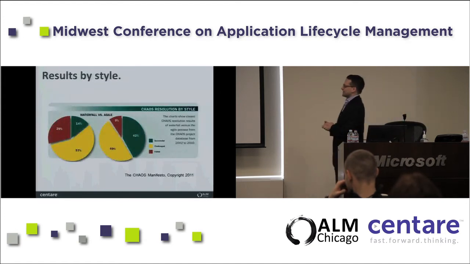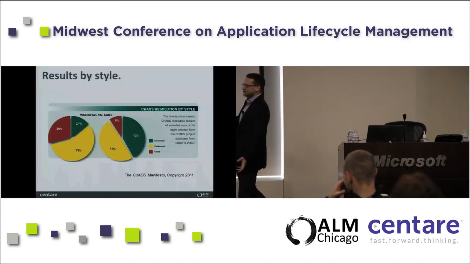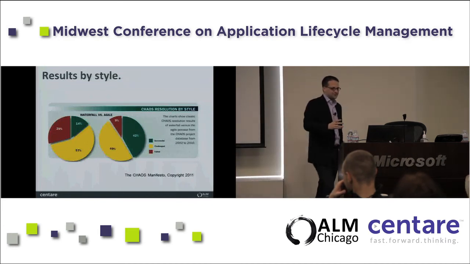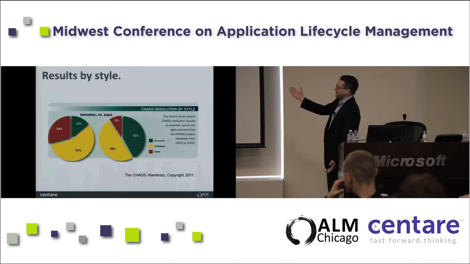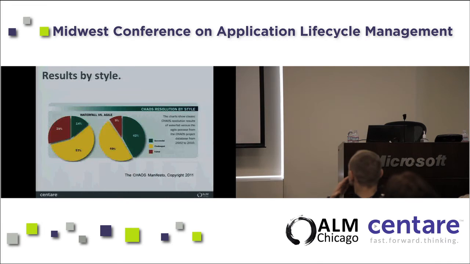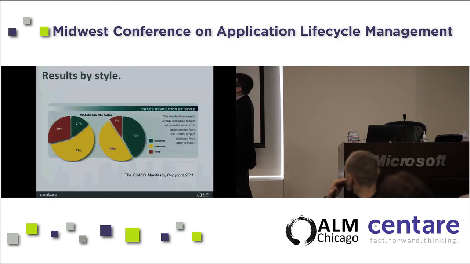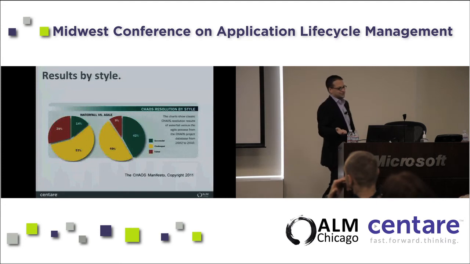Okay, so the Chaos Manifesto, I believe this is the Standish Group. I'm pretty sure that's the name. They do a whole bunch of different research about project management and running software projects. And they have this interesting slide from their 2011 release, which is talking about the number of challenged projects and failed projects based on whether or not you're doing waterfall or Agile.